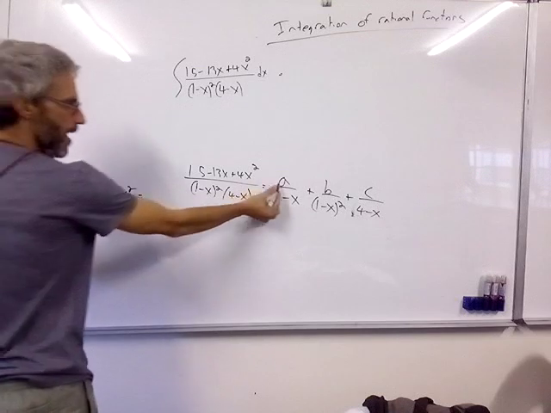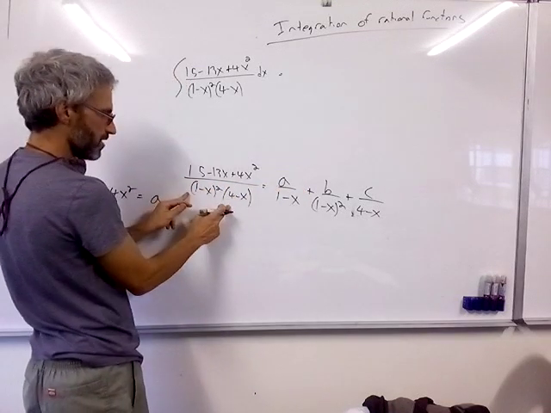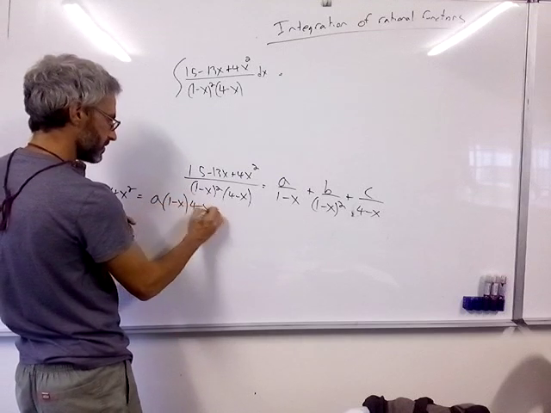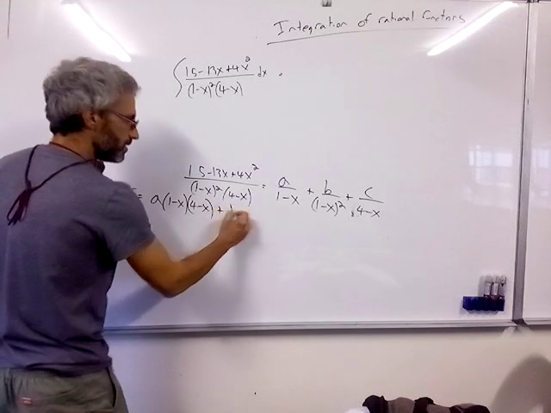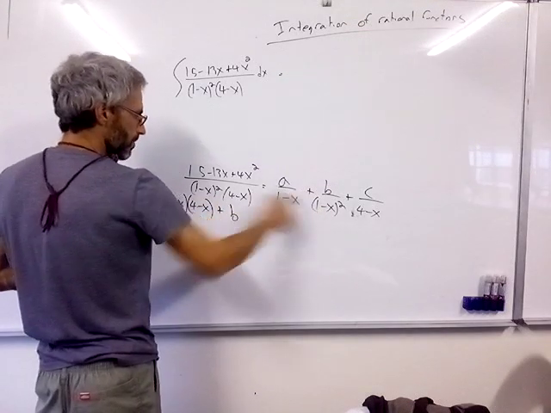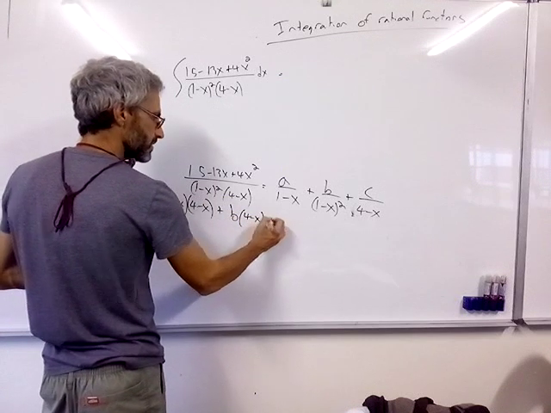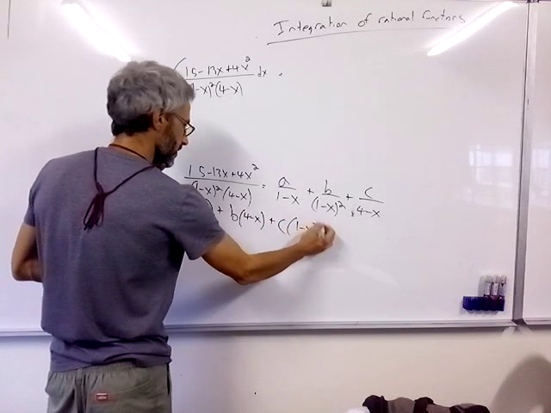This should be equal to a. What should we multiply a by to sit on top of this? You need to multiply by 1 minus x times 4 minus x. Plus b. b sits already on 1 minus x squared, so we need to multiply by 4 minus x. For c, we need to multiply by 1 minus x squared.